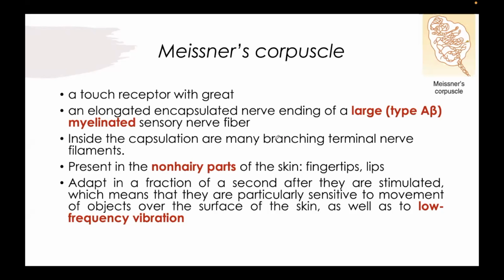Now, next is the Meissner's corpuscle. The Meissner's corpuscle is encapsulated, as you can see here, and a little elongated. I want you to remember that Meissner's corpuscles are nerve endings of the large type A-beta myelinated sensory nerve fibers.